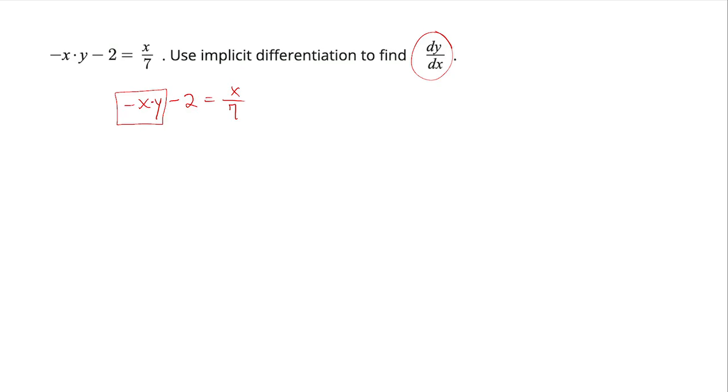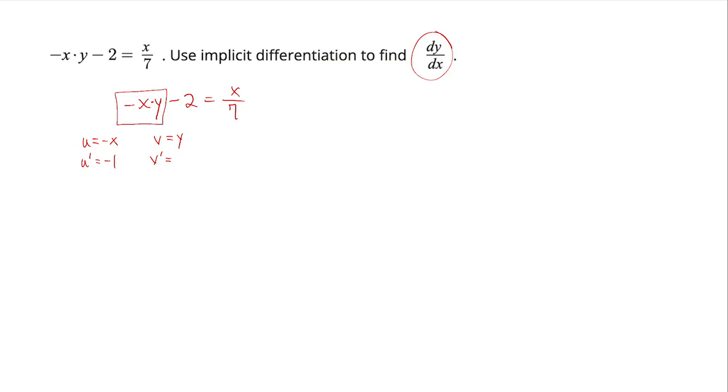So I have both an x and a y in the same term multiplied, so I'm going to use the product rule. So I'm going to set my first piece, u, to negative x, so u prime is -1. And then I have v, where I'm going to set that equal to y.